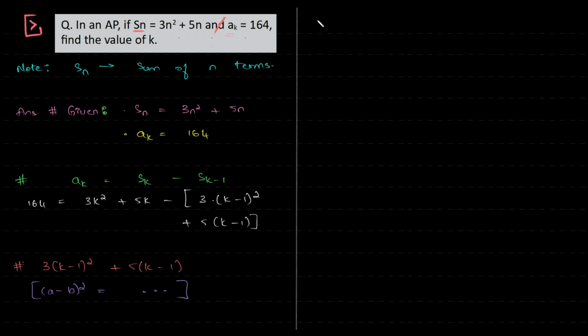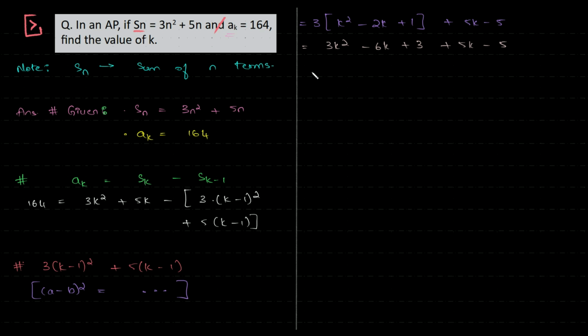So we have 3 times k square, or let me go in ascending order, minus 2k plus 1, plus 5k minus 5. So this is 3k square minus 6k plus 3 plus 5k minus 5.